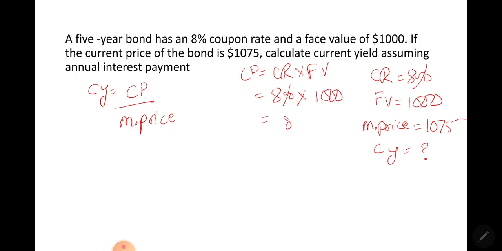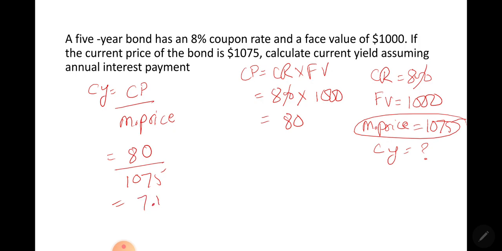So the coupon payment is 80 and you have the market price with you, 1075. The current yield will be 7.44%. Again, multiply your answer by 100 to convert it into percentage. Do not forget to do this step.